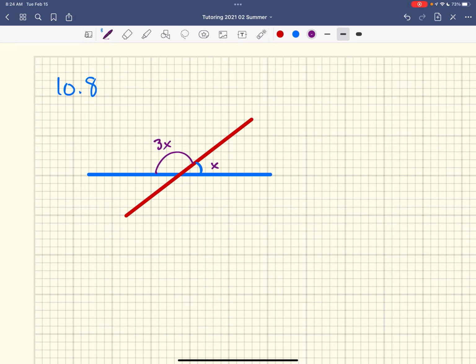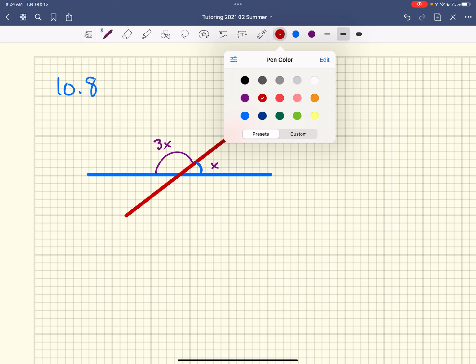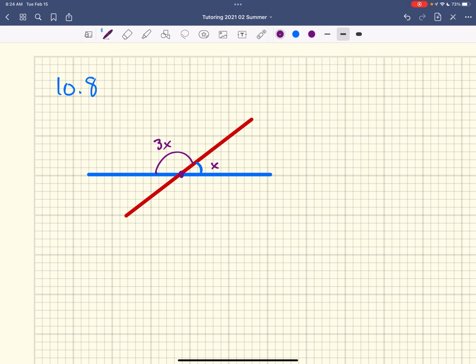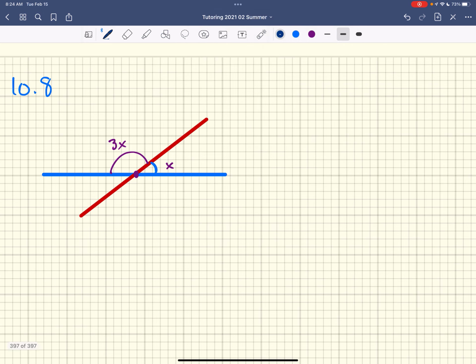You might notice that blue line we started with was just a straight horizontal line, and that means that at this point, we are currently making a straight angle. And so one thing that we can say right now is that x and 3x must be supplements. x and 3x together must make up that 180 degrees of our straight angle.